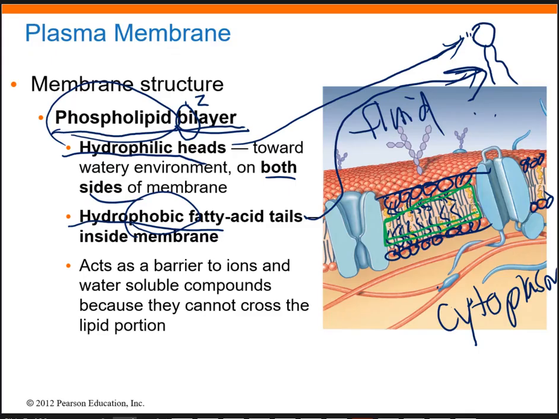Now, this works great as a barrier to anything that likes water. So remember, water is a polar compound. Remember when we looked at it, it had parts that were kind of positive and parts that were kind of negative. And we use this saying, likes dissolve likes.